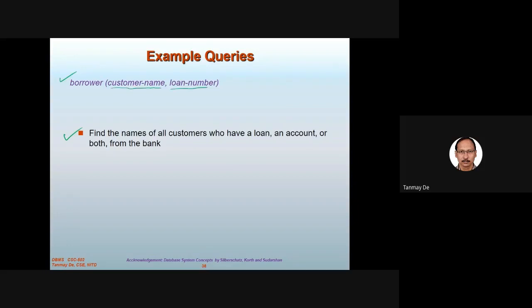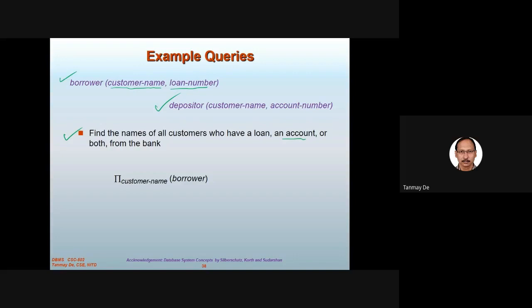From here we can get the information whether the customer has taken a loan from the bank or not. If a customer name is present in the borrower relation, then that customer has taken a loan. To find out which customers have an account, which relation needs to be consulted? Depositor. We need to consult the depositor relation.